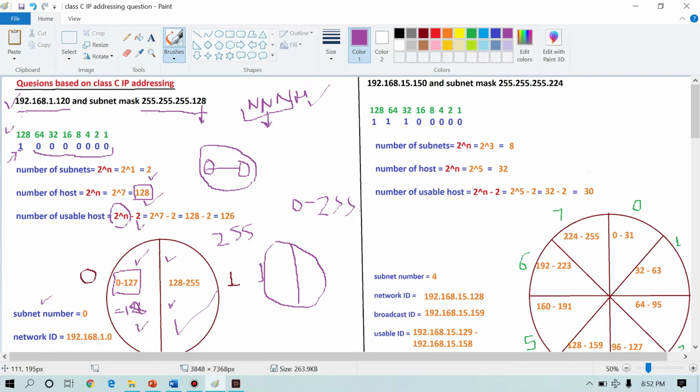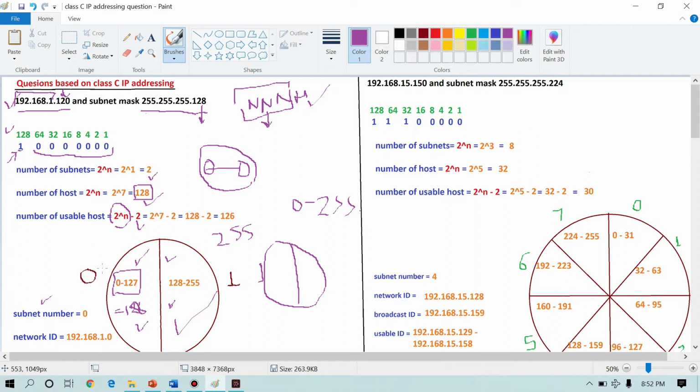There is no need to touch the network part, as in Class C IP addressing we have three network portions. We only use this last portion. So we will see this portion and check in which subnet 120 lies.